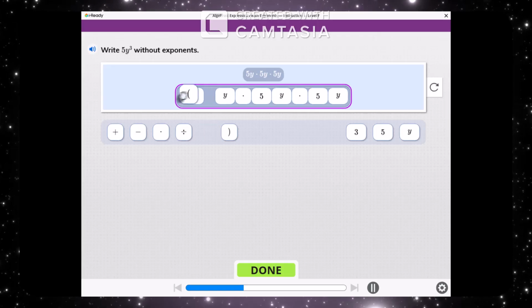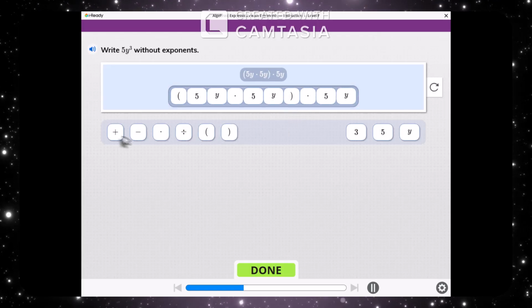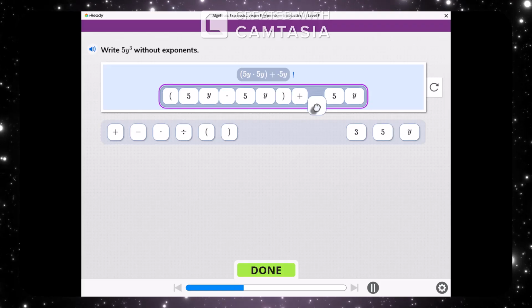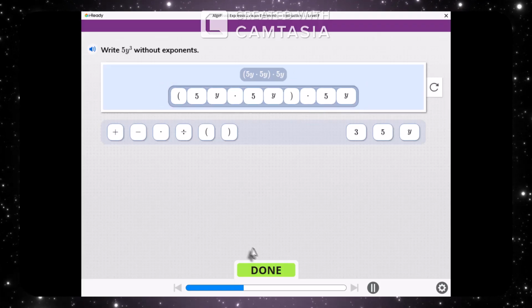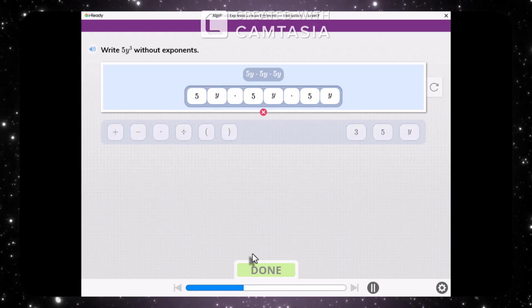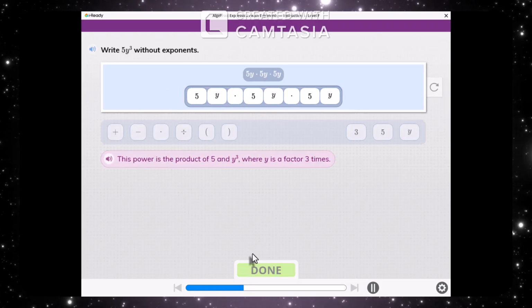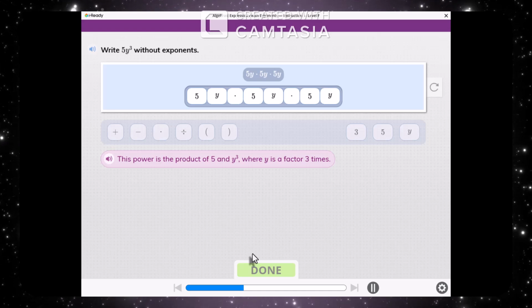And then I could just go like bam, bam, and then bam, and then, wait, no, take that out yet. I'm just not going to put them because I'm scared I'm going to get it wrong. Yep. This power is the product of 5 and y cubed, where y is a factor 3 times.